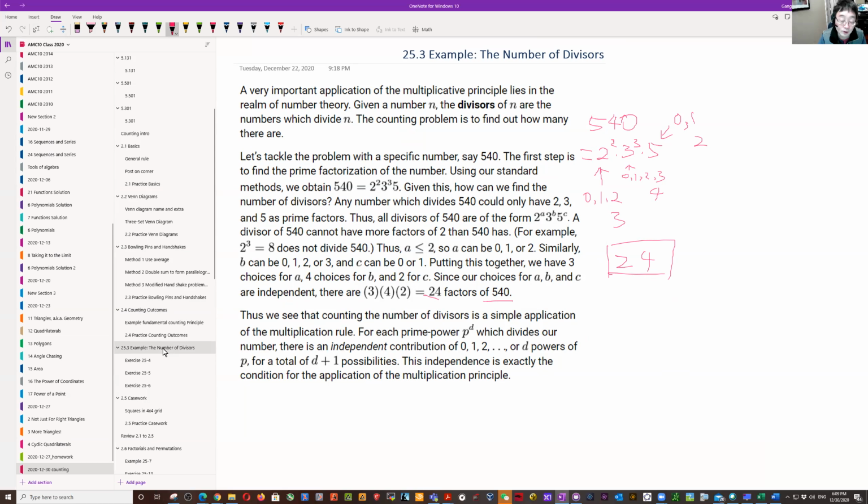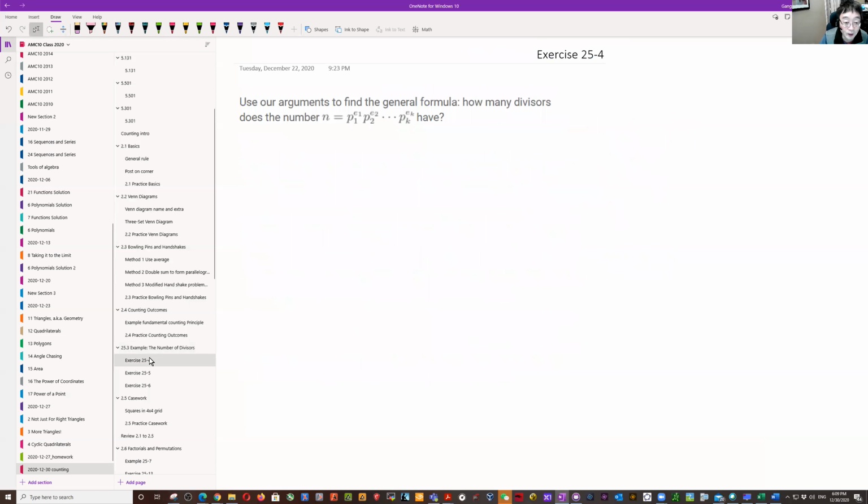This is actually a proven result, because when you do a multiple choice test, you simply don't have time to go through this type of detail. You just have to know it beforehand. Generically speaking, how many divisors does a number m equal to P1 to the E1, P2 to the E2, all the way to PK to the EK have, where P is a prime number?